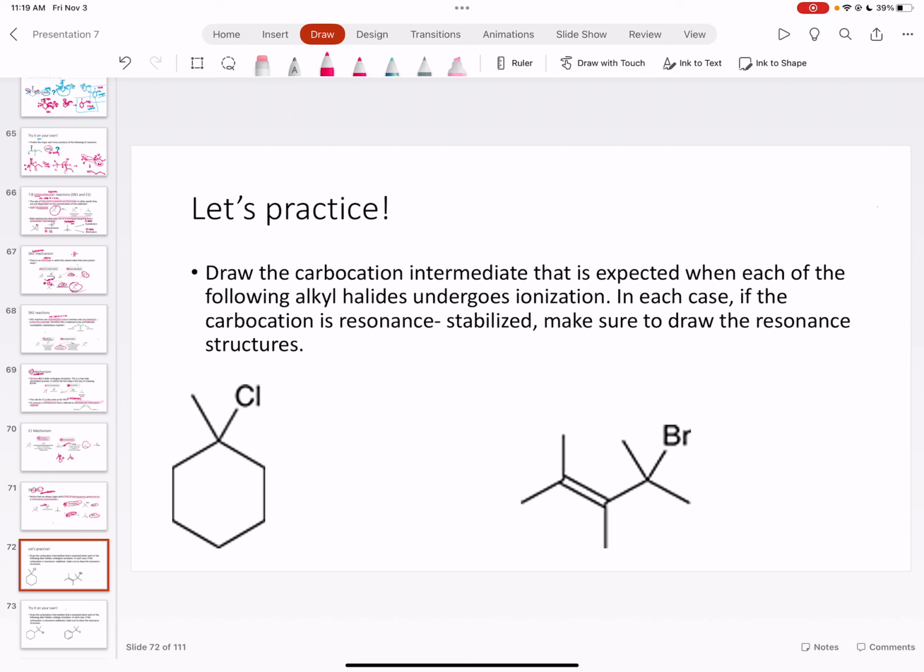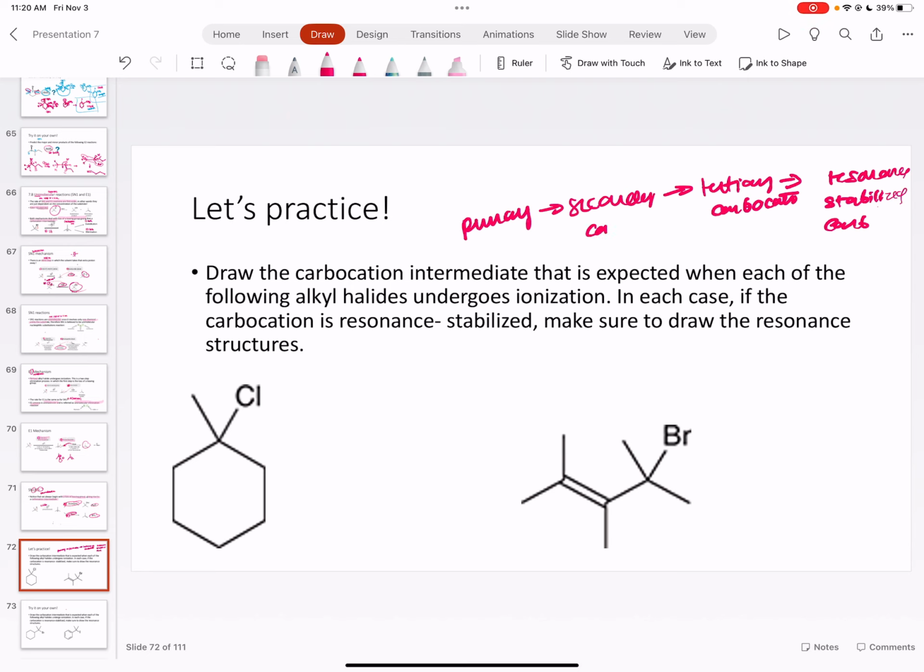Just a little hint, remember that carbocation stability goes from primary to secondary to tertiary, and resonance stabilized carbocations are even more stable.